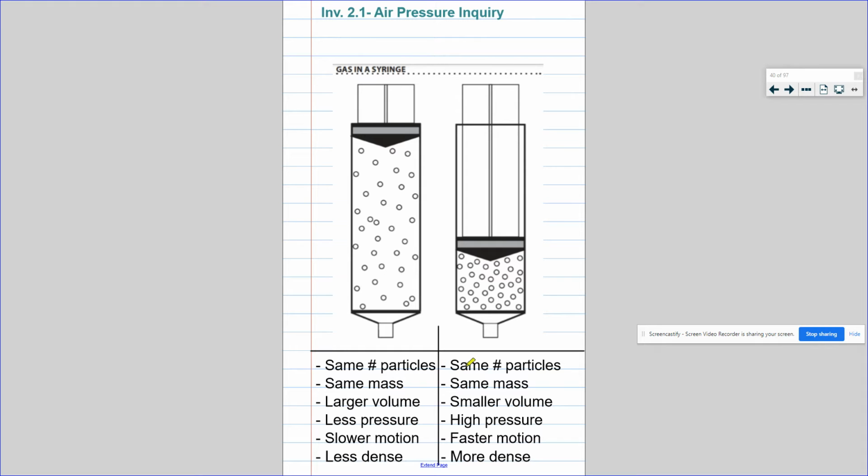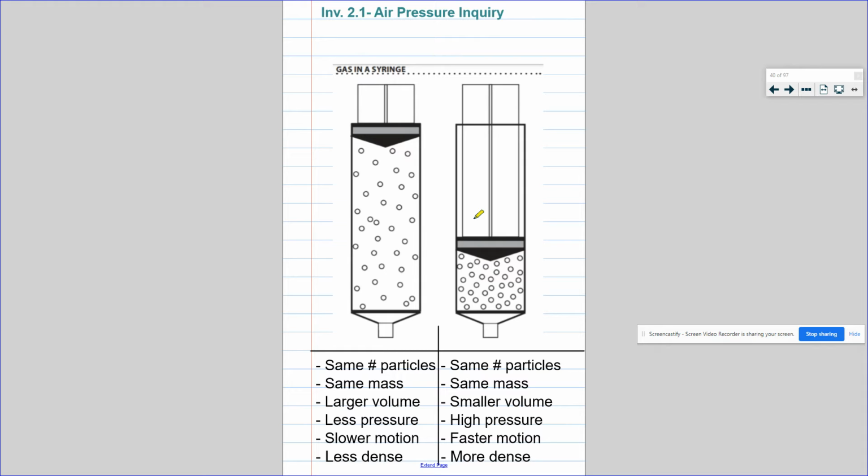You need 6 lines, all right, underneath your picture. If you can't fit it because the paper's too big, go ahead and trim off a little bit. I wouldn't even care if you trimmed off the top that says gas in a syringe, or trimmed it right up to the end of the nozzle on the bottom of the syringe.